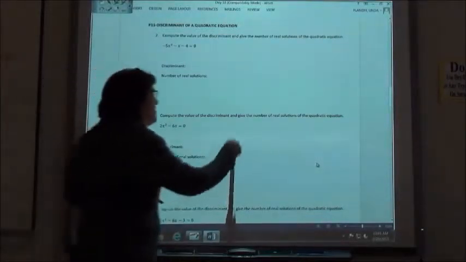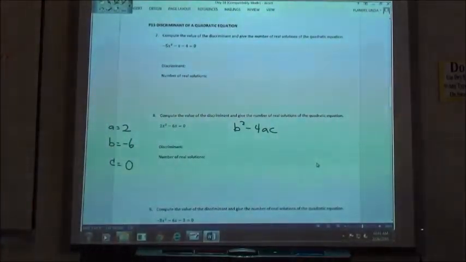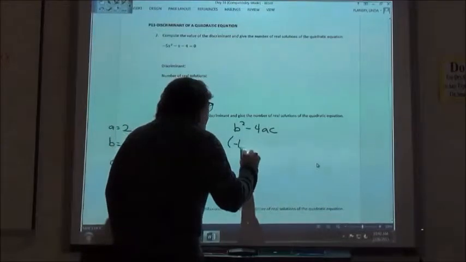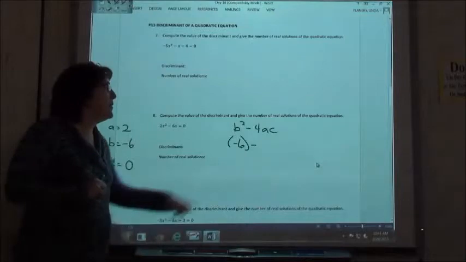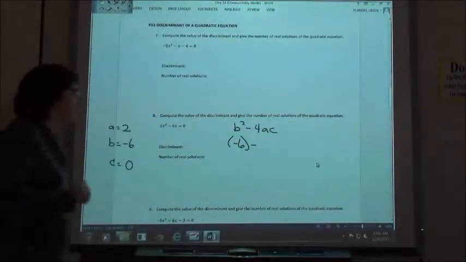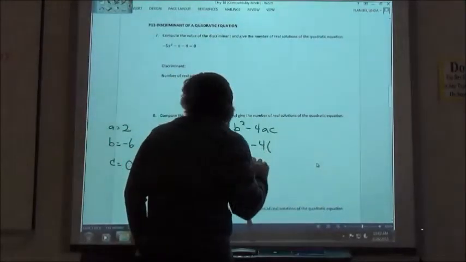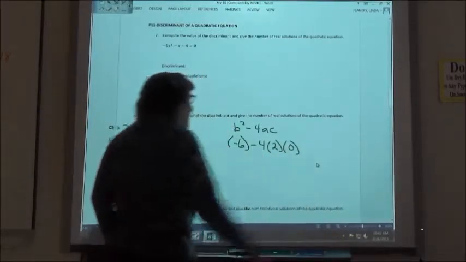So putting that into my formula, what should I have? Negative 6 squared, minus, yep, because we have minus 4 times A times C. So minus 4 times 2 times 0.